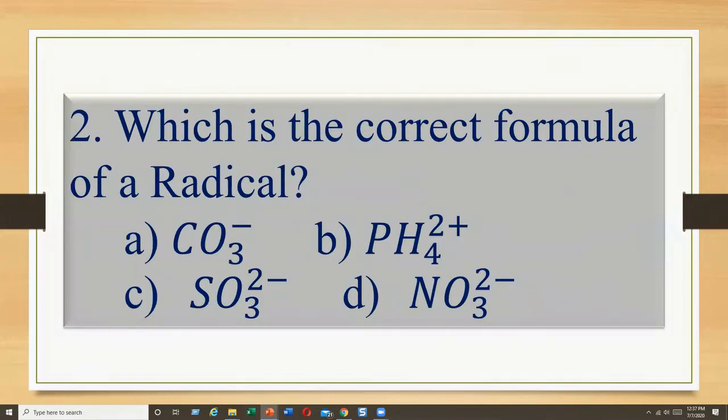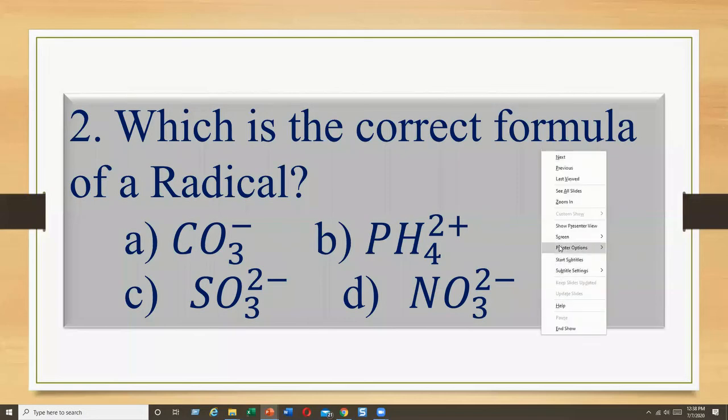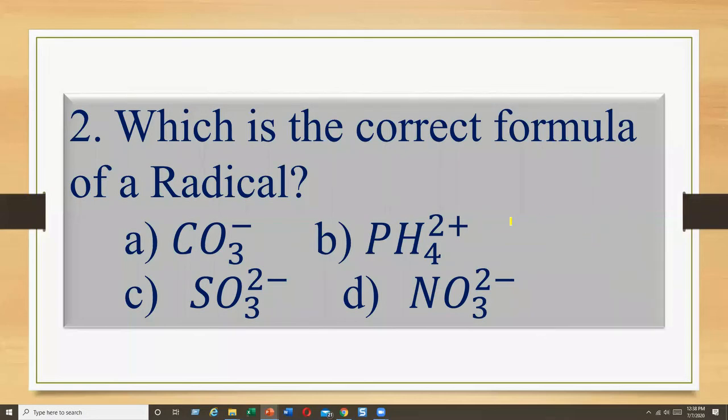Which is the correct formula of a radical? Student: Sir, C. C is the right answer. What is the name of this radical? Sulfite.